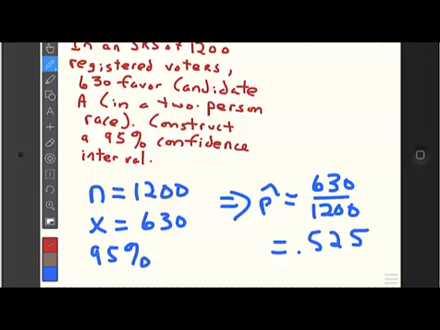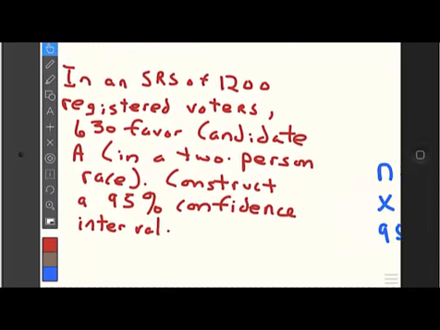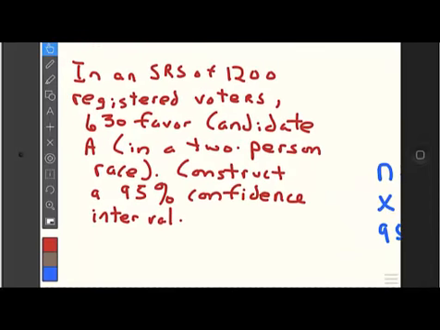Okay, so we'll take an example here, and we have a simple random sample of 1,200 registered voters, 630 of whom favor candidate A. We're assuming there's just two candidates in this, and we want to construct a 95% confidence interval, and it should say here for the population proportion.